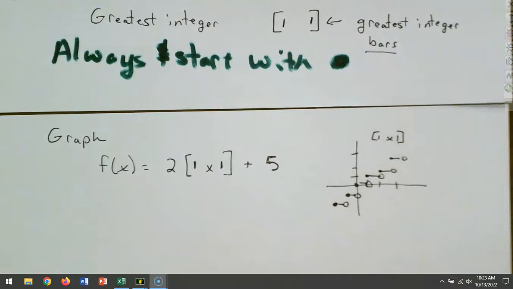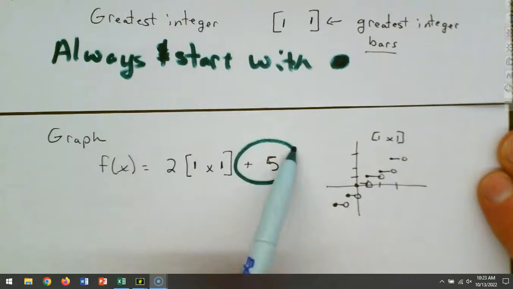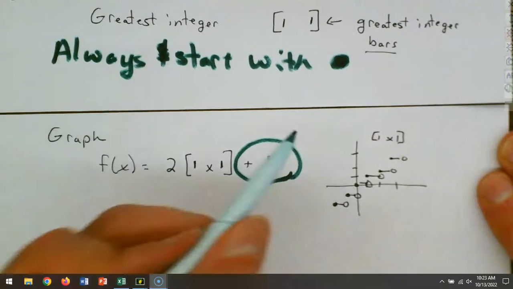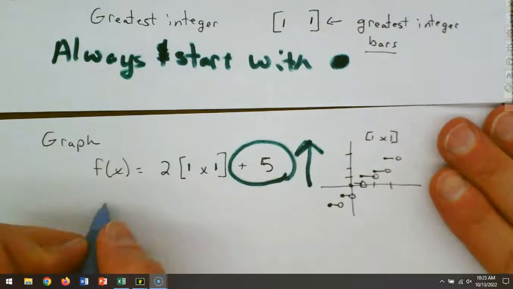Where are we going to start at? Where's that 5 located at? 5 is located on the end again, isn't it? So if it's on the end and it is positive, what does it do? Moves it up. Do we have a number inside of my bars here? No. So nothing moves left or right. So where are we going to start at now?